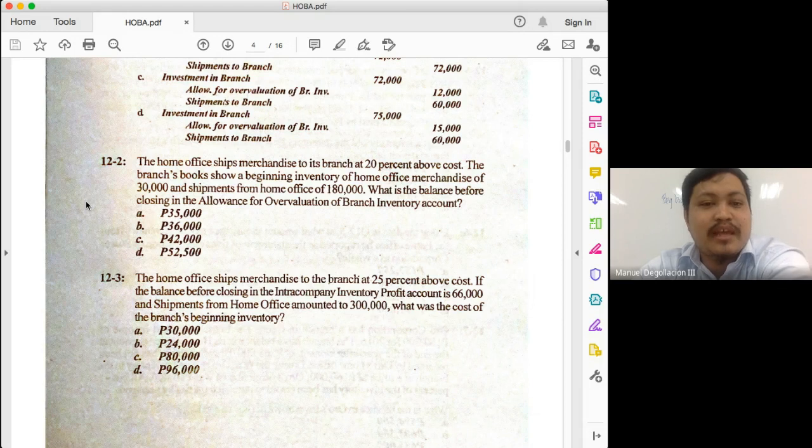Is that what is being asked in the problem? The answer is no. The question is, what was the cost of the branch's beginning inventory? So what are you going to do? Solve for the true cost of the 30,000 beginning inventory. And how do you do that? You remove the markup.